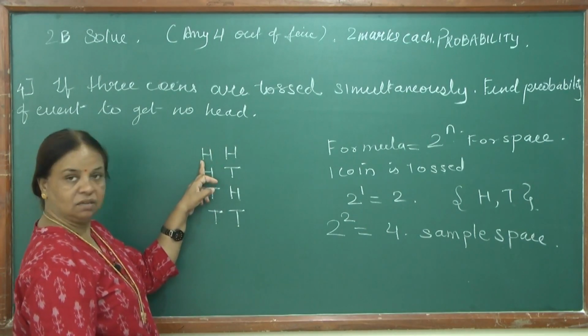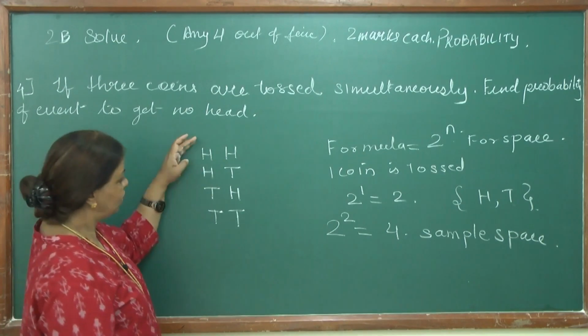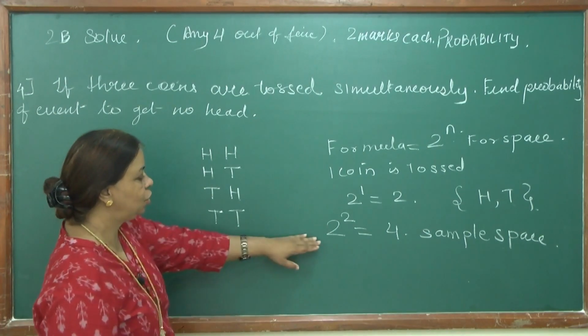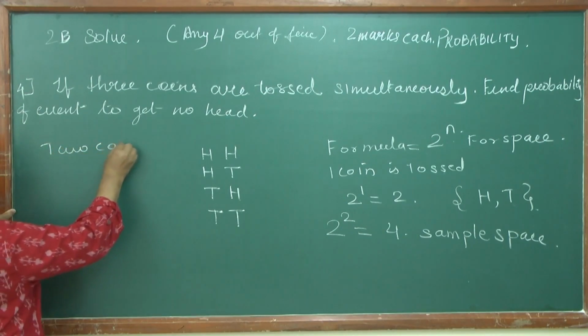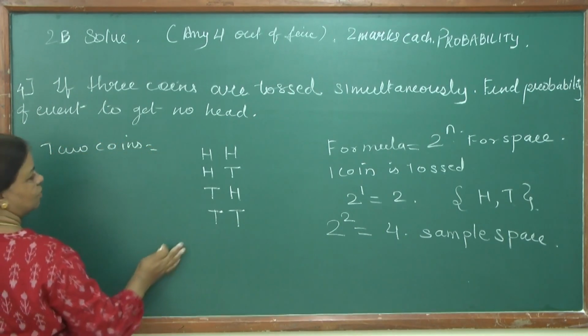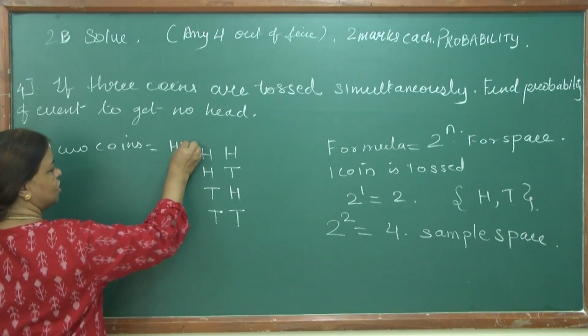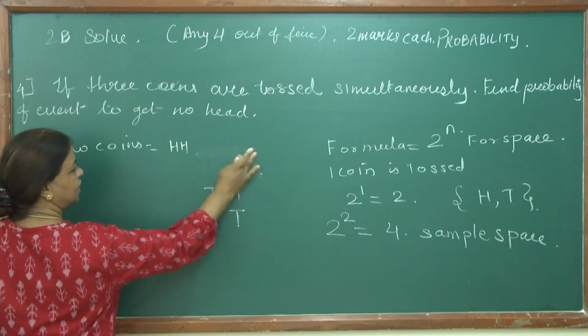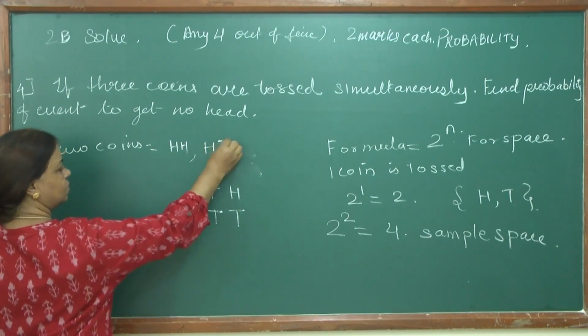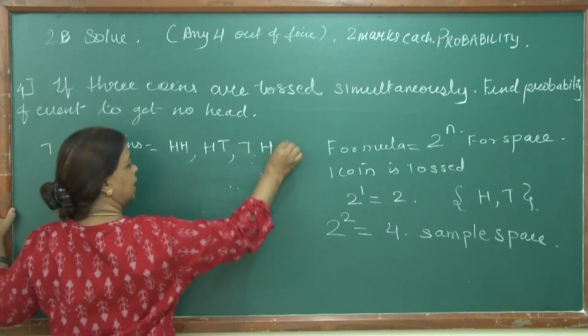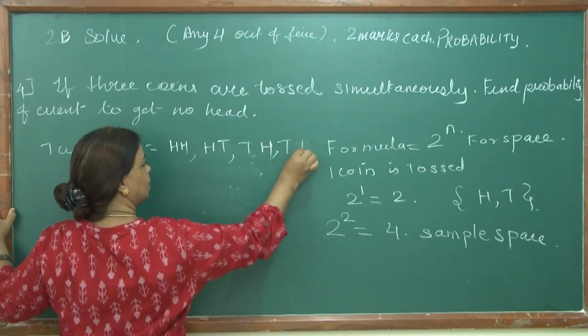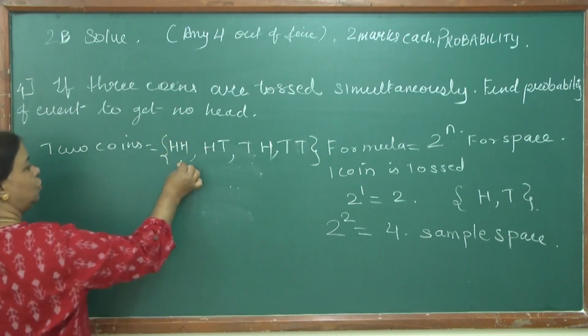Because 1 2s are 2. Okay, so this will be the sample space for the 2 coins tossed. The sample space is HH, HT, TH or TT. Clear? For 2 coins.